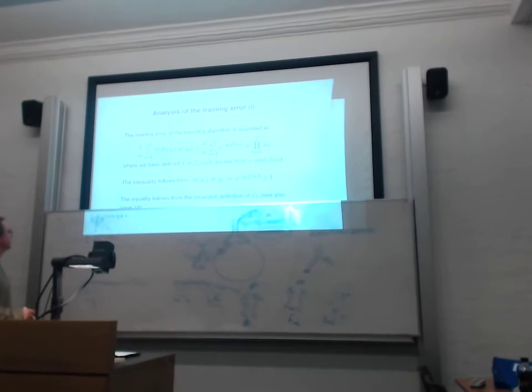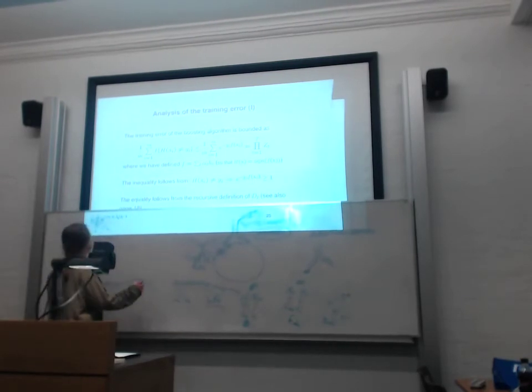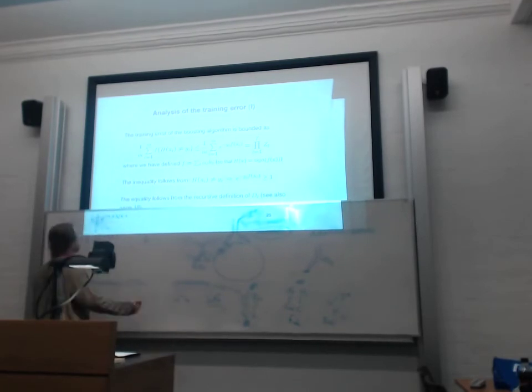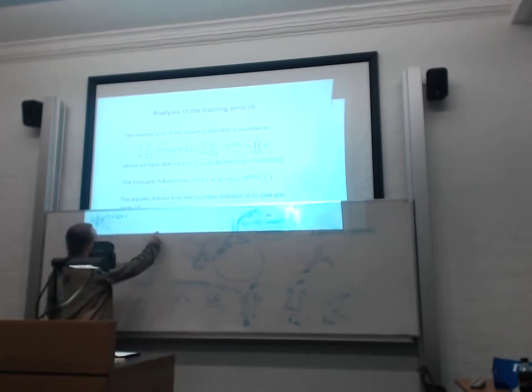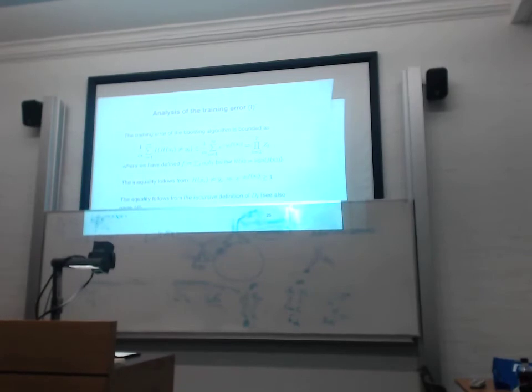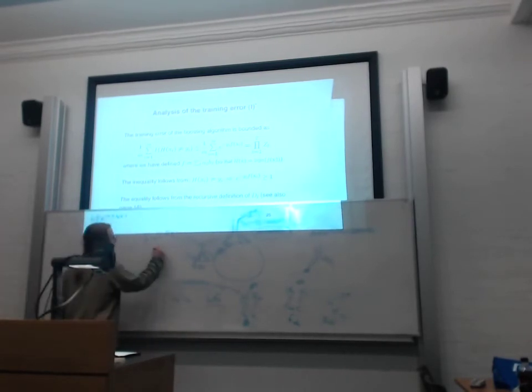So if I go ahead and substitute in, this gives me 1 over m e to the minus y_i f(x_i), product over Z_t.